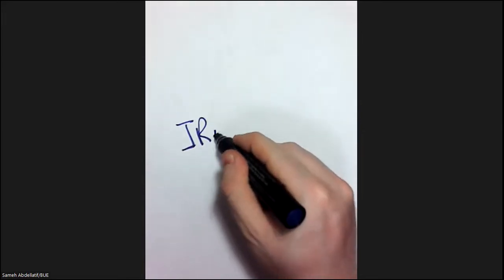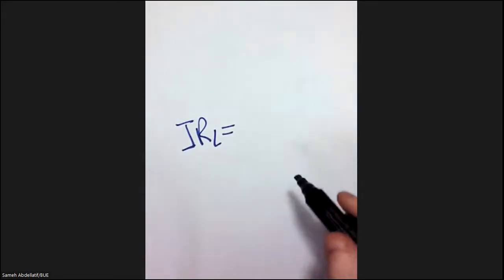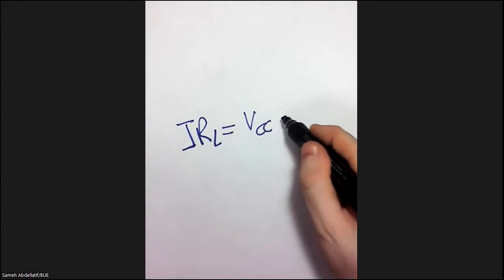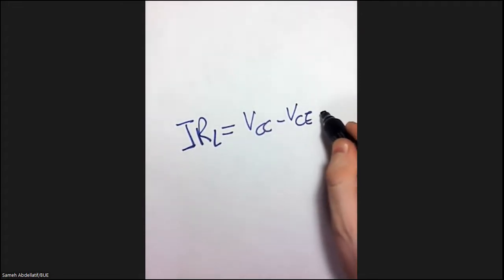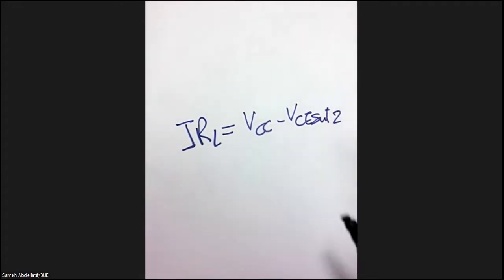You can directly substitute in the equation, knowing that I times RL should equal VCC minus VCE SAT 2.